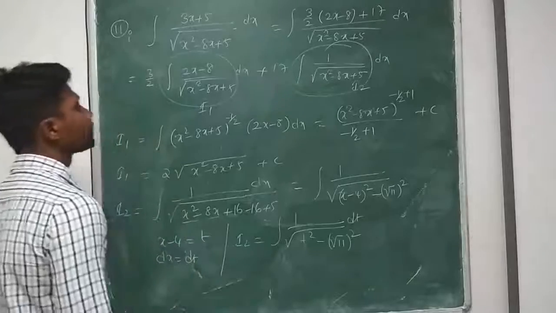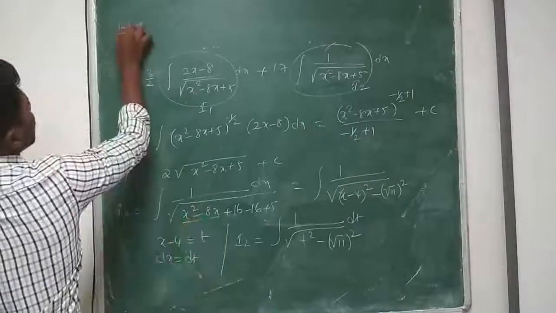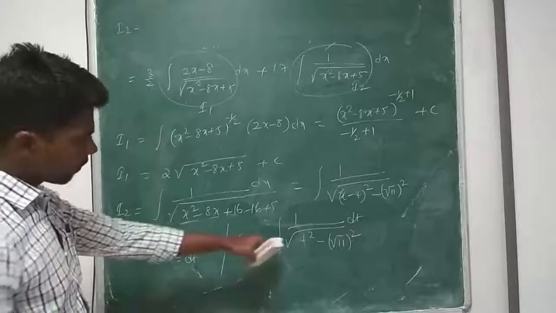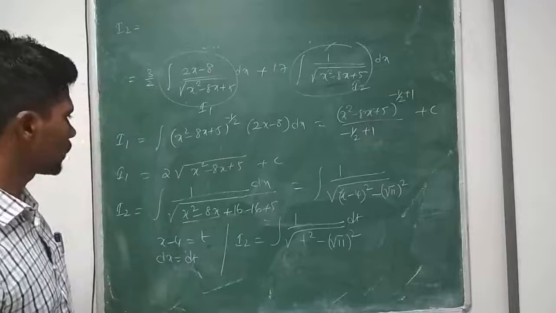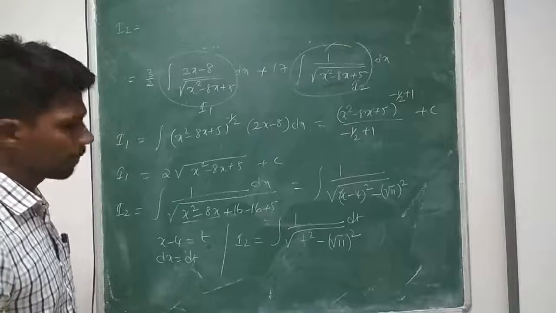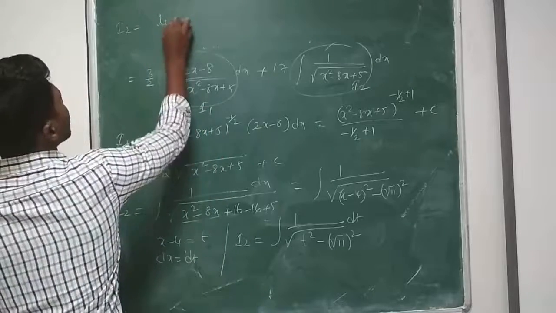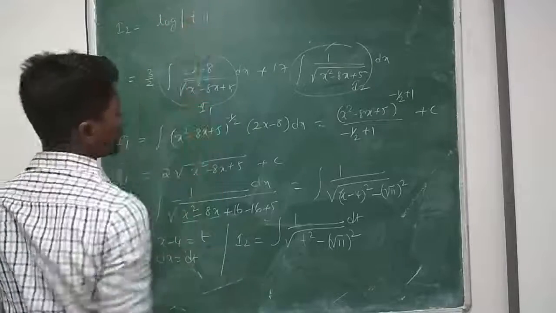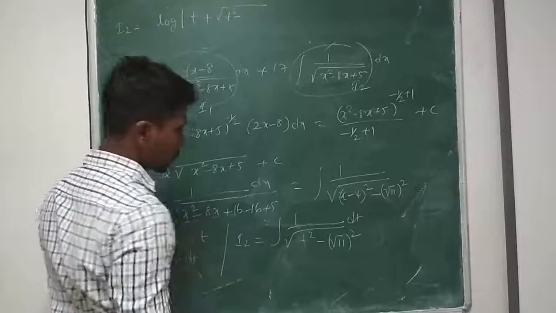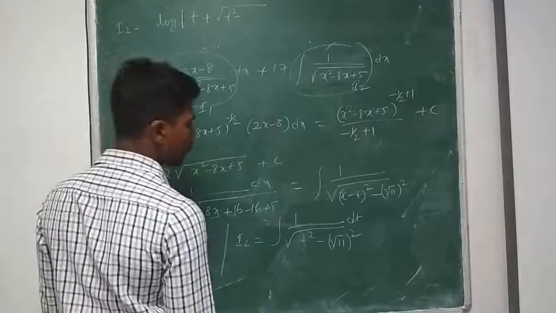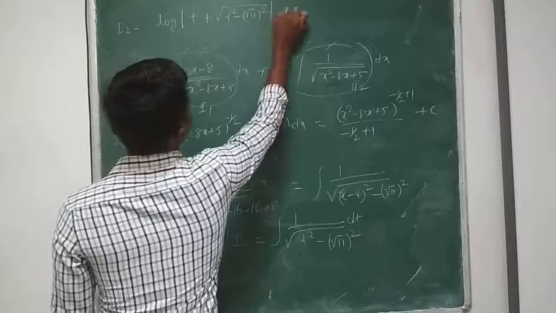So answer I2 is equal to, is the form 1 by root over x square minus a square, which is nothing but equal to log mod x, let's say t, plus root over t square minus root 11 whole square plus c.